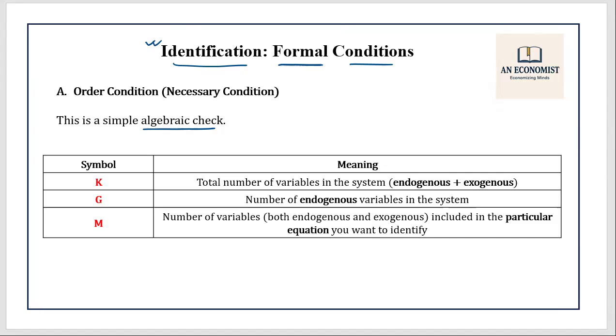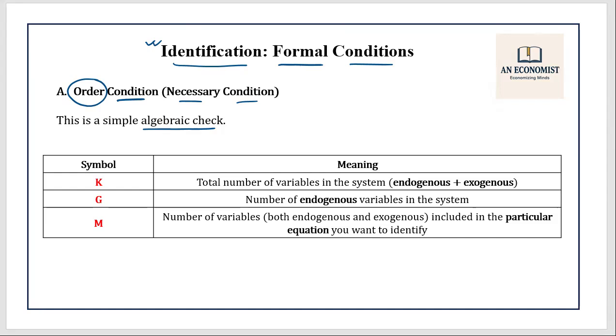Identification helps you determine which structural equations can be estimated and which cannot. Only those structural equations which satisfy the conditions we discuss today can be estimated. We will discuss the necessary condition in this video, which is also known as the order condition.